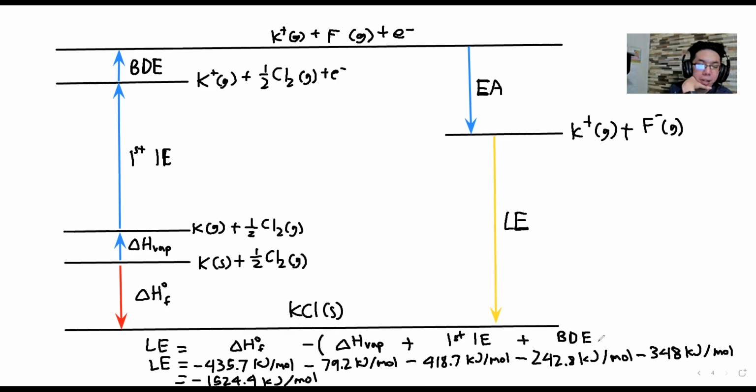Wait, let me do annotation. This one, parang LE is equal to the sum of this one, then minus EA, right? Opo. Okay, anyway, you can do whatever you want. Sige, try mo. What will happen now? I have a feeling this is wrong because algebraically it doesn't seem sound.